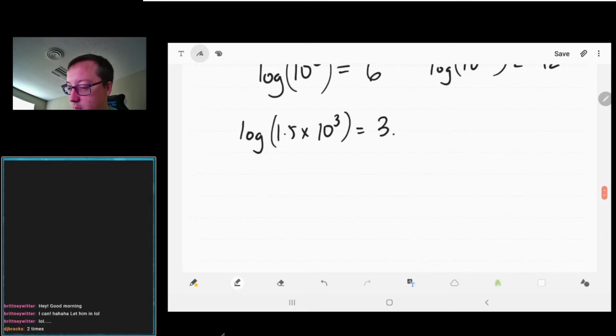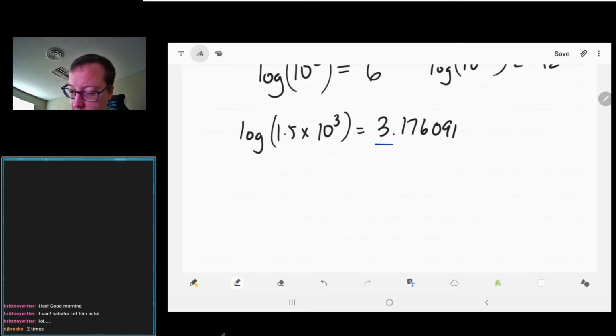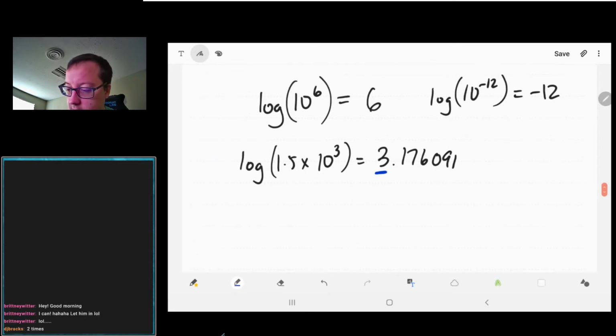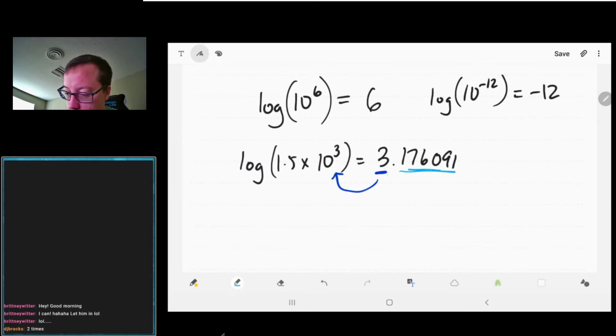And if you do that, you get blah, blah, blah, blah. Crazy number. Notice this part is what comes from the 10 to the third. All the decimal part is where all the other stuff is.